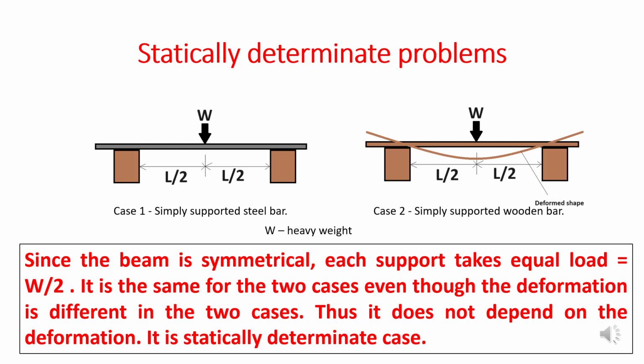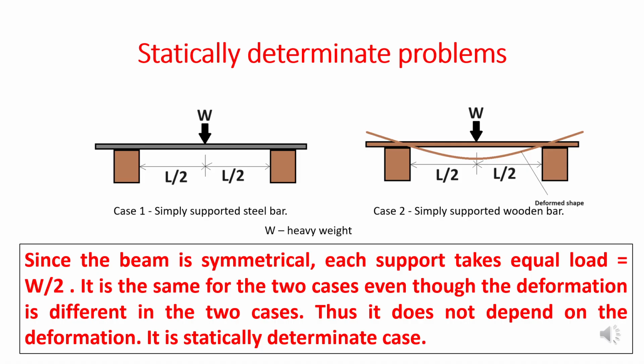Before that, let's see what statically determinate loads are. Here it is. Let us say there are two simple supports, on one of which you are keeping a thick steel bar, and on the other you are keeping a wooden bar of the same dimensions. You are applying the load like this.